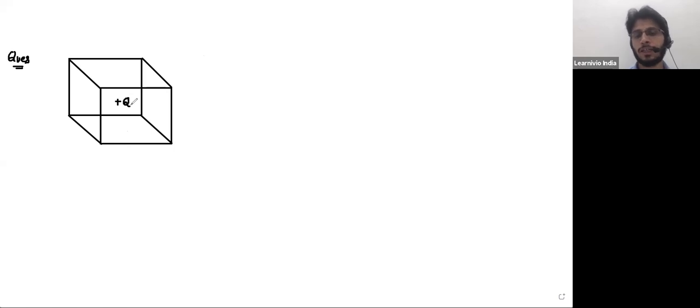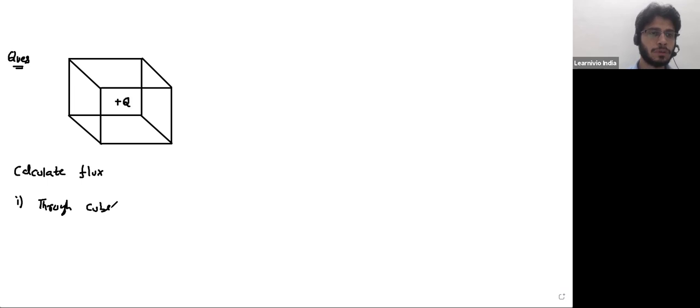This is the charge at the center of the cube. Now, can you calculate flux through the cube? Yes, sir. Let's solve the first part, flux through the cube. Second part, flux through each face.